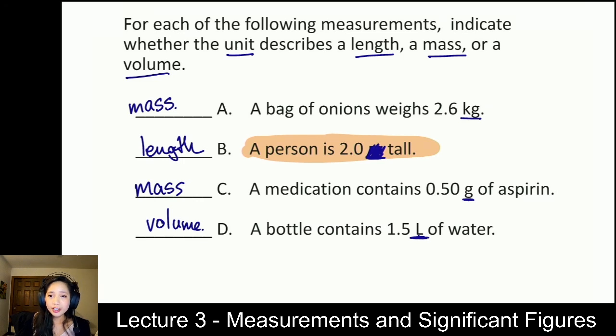You really need a unit to properly convey measurements to people, because as long as we all understand the same unit, we can convey precise numbers to one another and understand how big or small you're trying to describe something. So that's the importance of units.